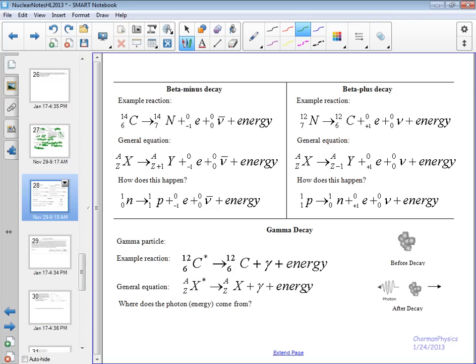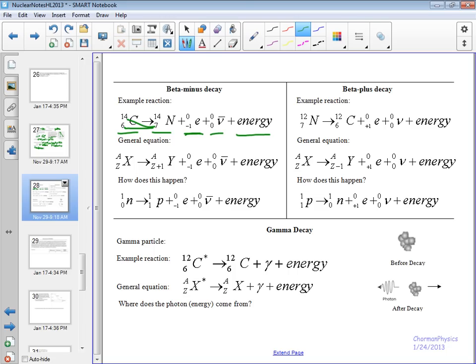All right. So quickly, let's talk about the difference between these beta decays, beta minus and beta plus decays. For carbon 14 to decay into nitrogen 14, you must have beta minus decay. A neutron changes into a proton, increasing the atomic number.